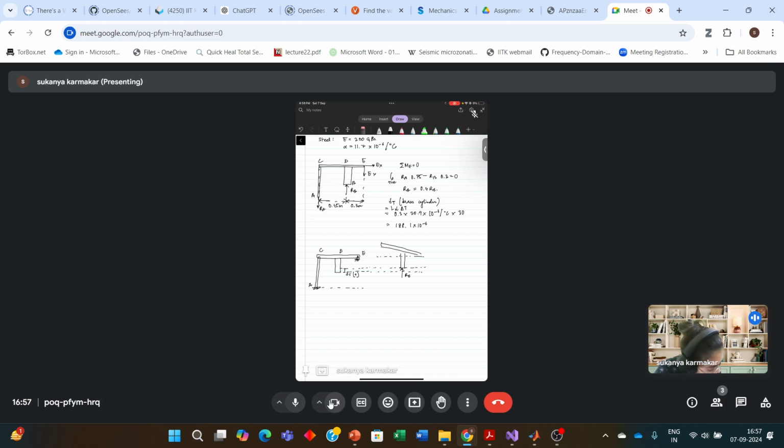Let's assume this has happened. This is pinned, so this will not move. And let's assume that this bar has also stretched like this. This is RA, and then this will be delta C.